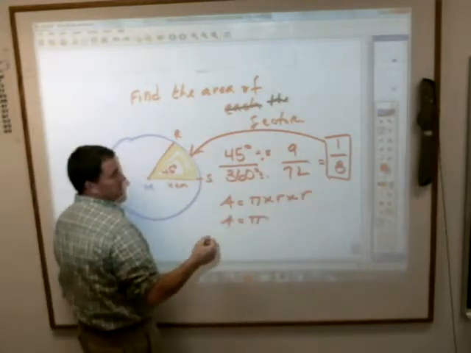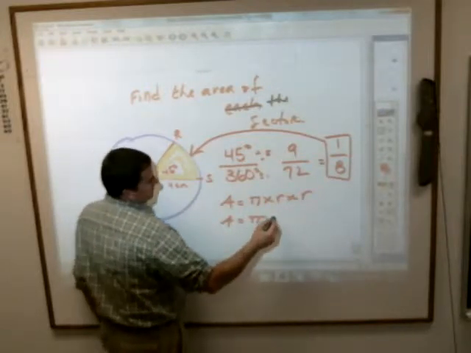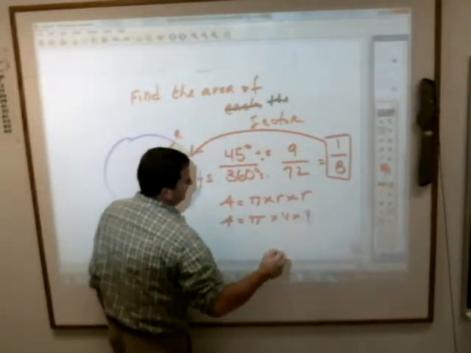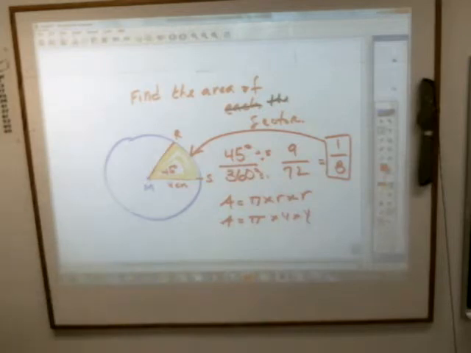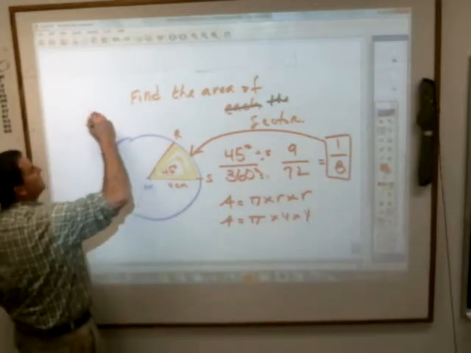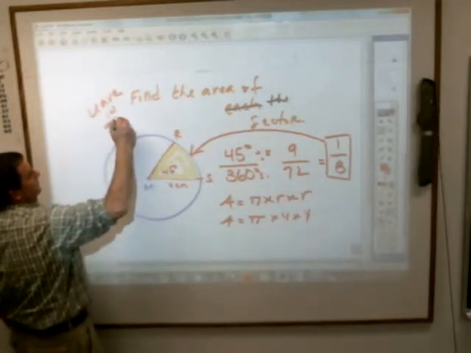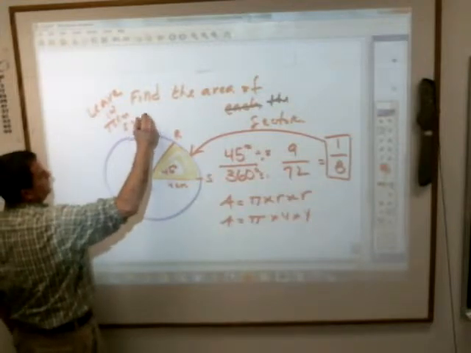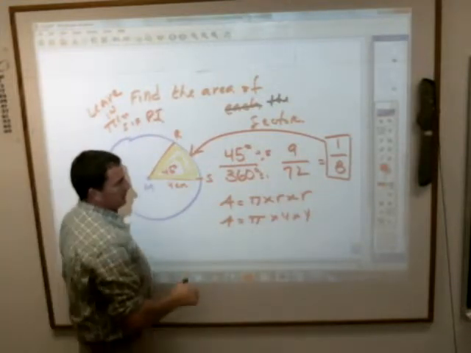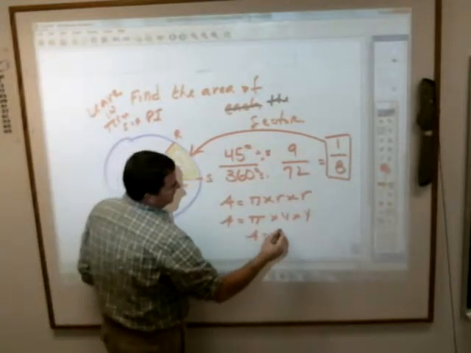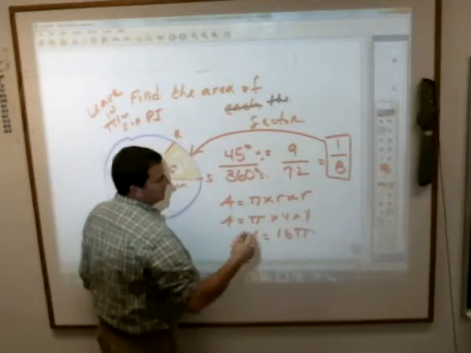What is the radius? 4. 4 times 4. Oh, you know what? The book does say leave it in terms of pi. How about that? Let's do that because I don't want to do that math. Leave it in terms of pi. Okay, so I end up with the area equals 16 pi.